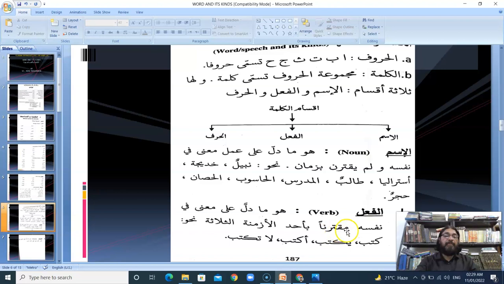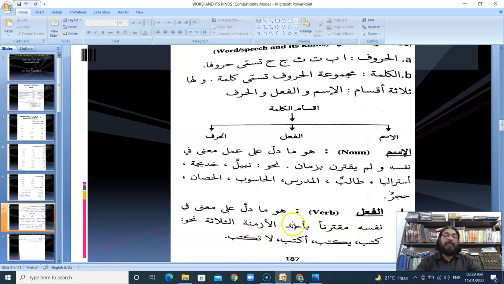So time will be linked here. Like kataba, he wrote. What is the time linked here? Past. Yaktubu, he is writing. Present. Uktub, write. Imperative tense. La taktub, don't write.